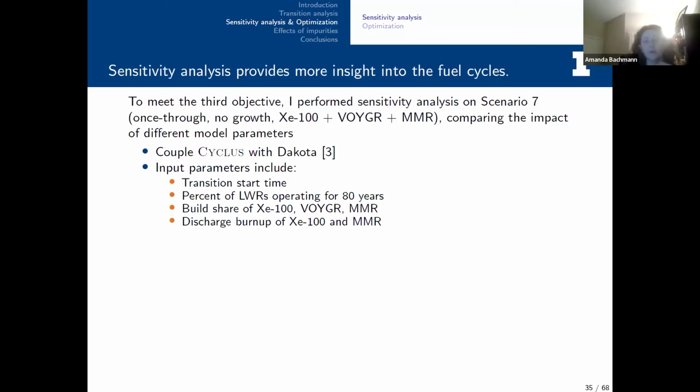And then also, the XC100 and the MMR currently are designed to get burnups that are higher than NRC regulations allow for. So I kind of wanted to play around with what happens if they maybe can't quite get that high burnup that they're supposed to, because there's a lag in the regulations or something happens. So just kind of varying some of these smaller parameters that are within our fuel cycle.